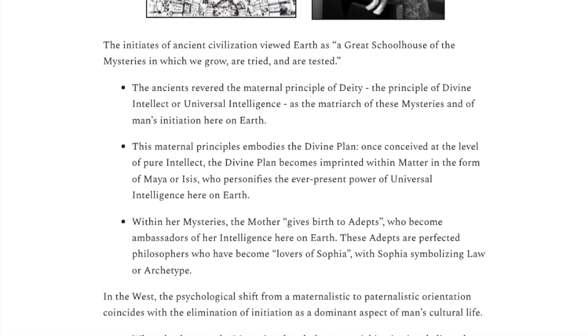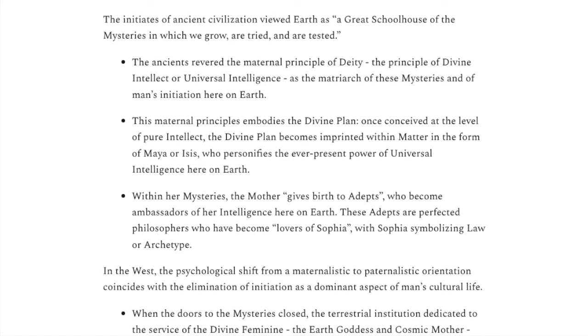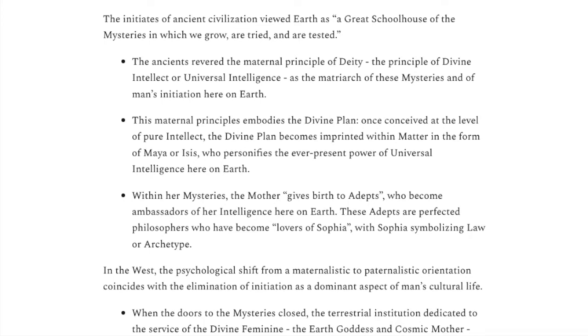These adepts are perfected philosophers who have become, quote, lovers of Sophia, with Sophia symbolizing law or archetype. In the West, the psychological shift from a maternalistic to a paternalistic orientation coincides with the elimination of initiation as a dominant aspect of man's cultural life.